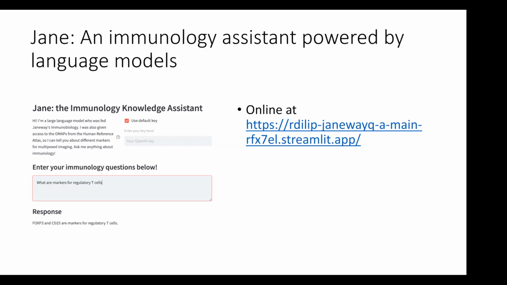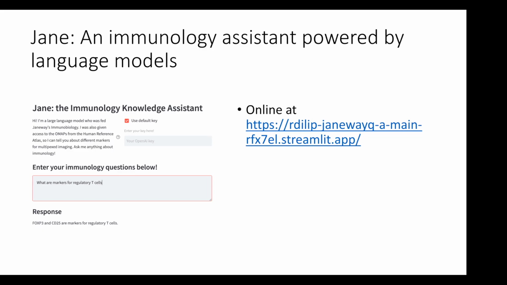And one of the students who's worked on it has built a language model powered assistant to help us make sense of all the different experimental data sets that we've been pulling in. What he's done is he's taken his immunology textbook, Janeway, and made it searchable using a language model.